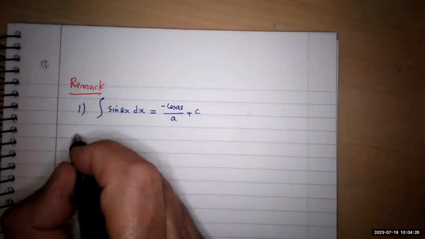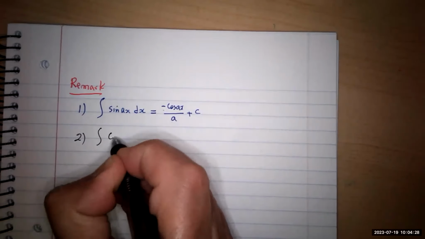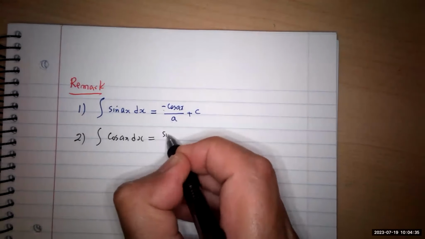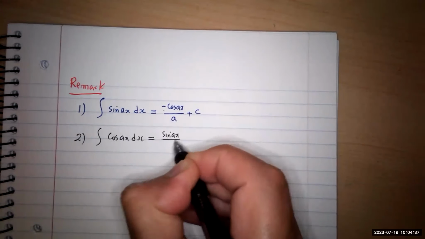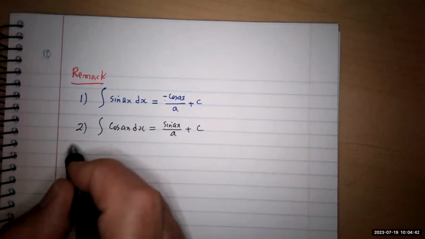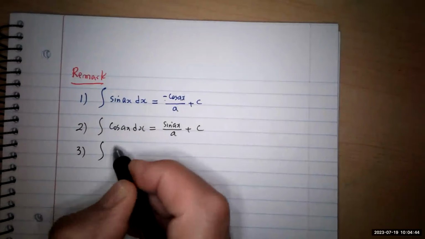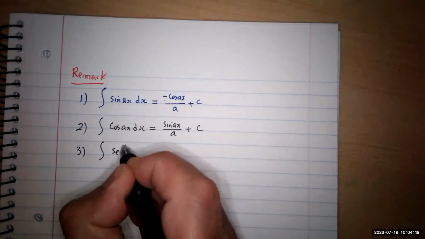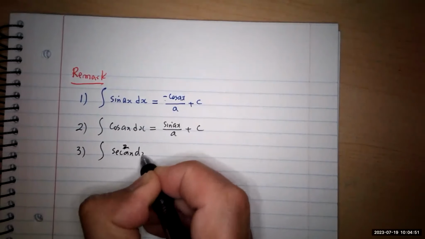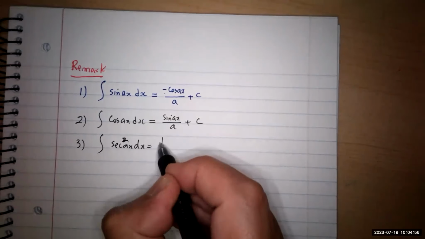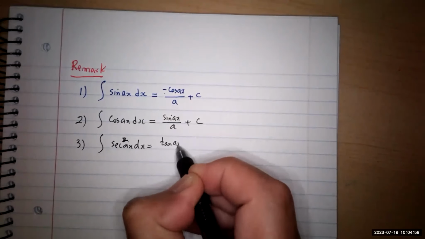It's the same for the cosine. The integral of cosine of ax dx is equal to, the integral of cosine is sine, sine of ax, but you divide by a. And it's true for the secant squared of ax dx. The integral of secant squared is tangent, tan of ax divided by a.